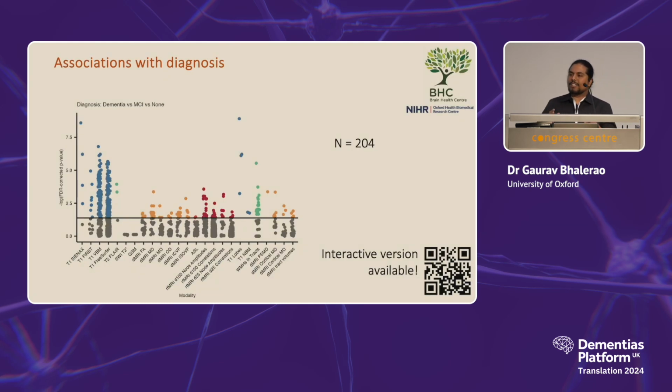After doing all this, what we want to do, and this is some analysis that we have been doing on memory clinic patients' data at the Brain Health Clinic in Oxford, is this. This is not done on the DPUK platform, but this is how we would like to use the adapted pipeline. On the x-axis you have different IDPs, and you can see the strength of association of these IDPs with the diagnosis.